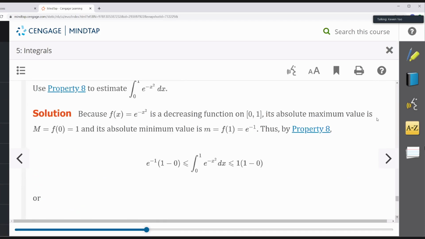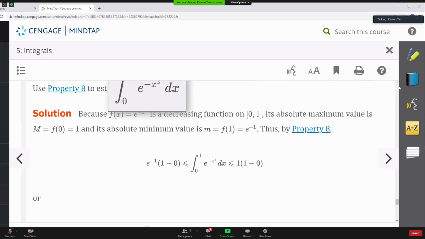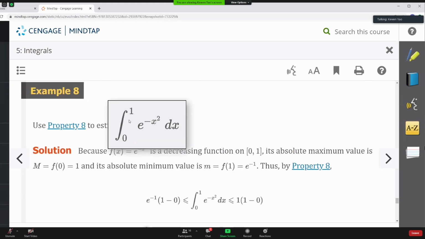Now you can use these to estimate. Use property number 8 to estimate the integral from 0 to 1 of e to the negative x squared dx. How to estimate this?